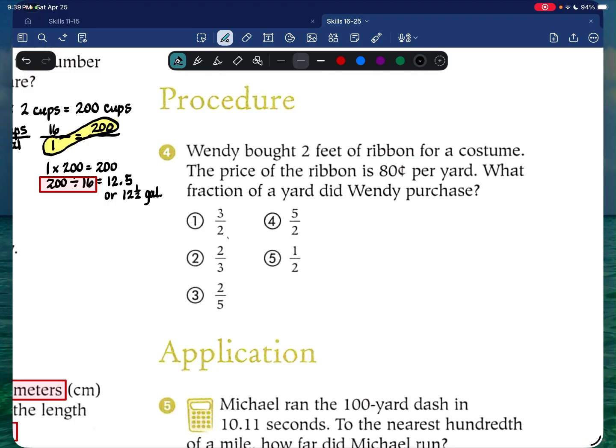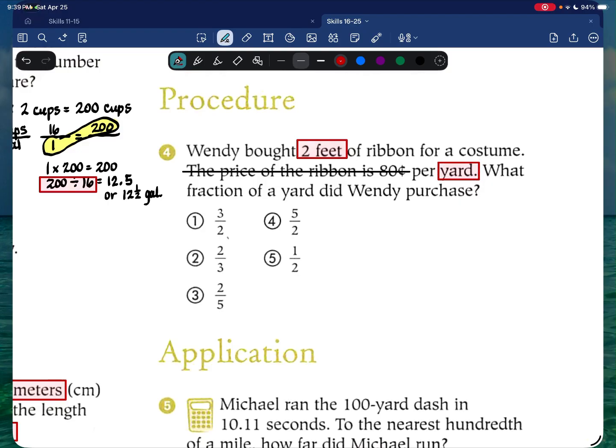What fraction of a yard did Wendy purchase? Okay, we do not have to figure cost. So I really don't care for this question what the price is. What I'm interested in is 2 feet when the ribbon is sold by the yard.